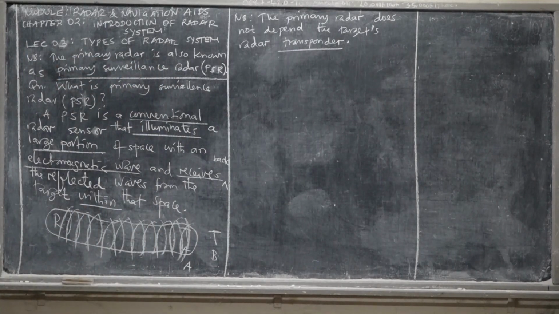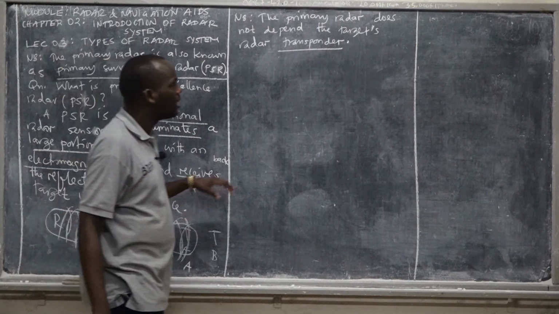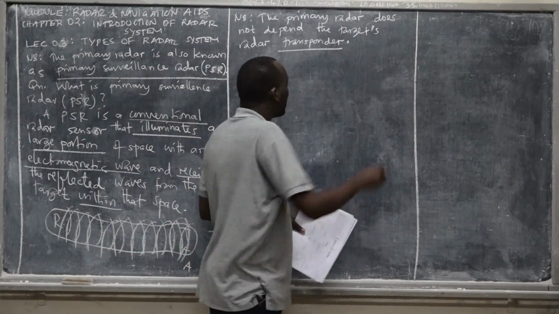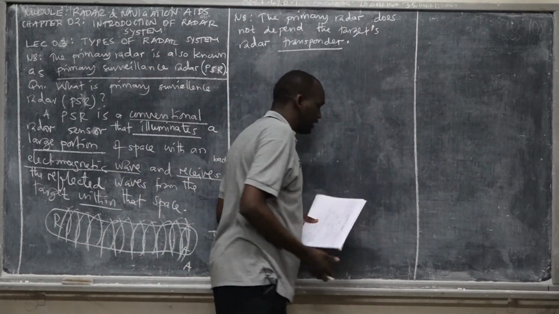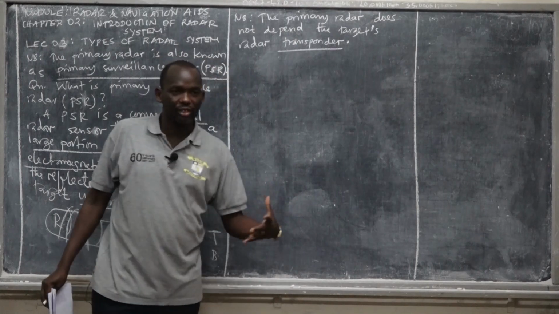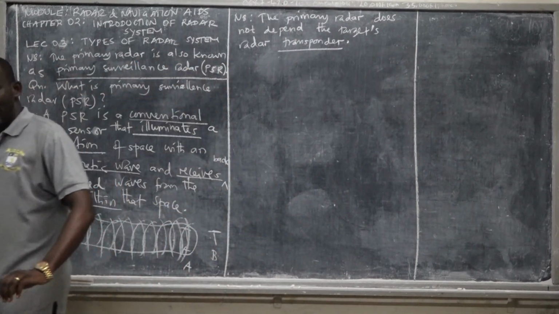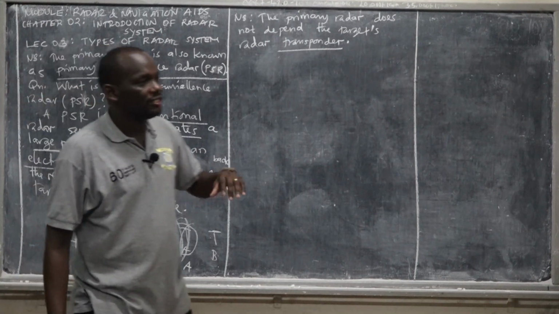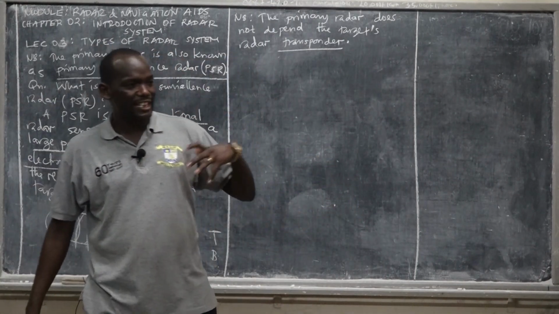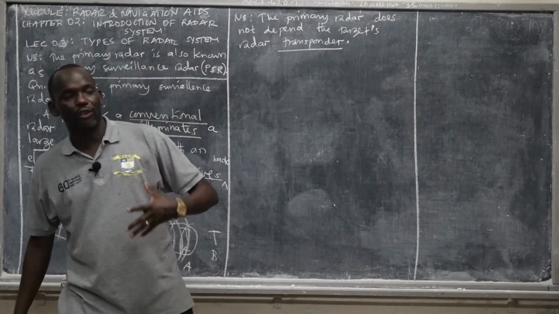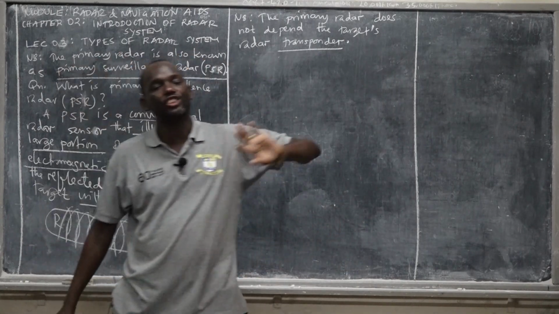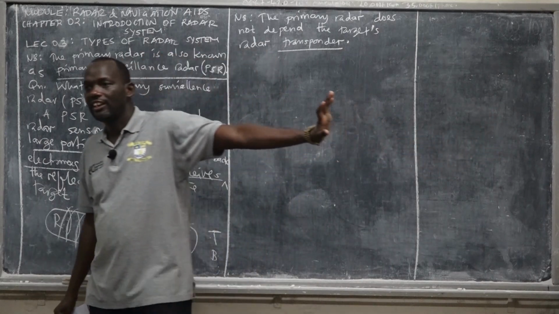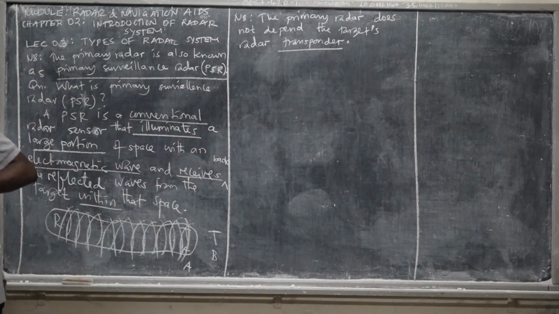So when I teach you about the secondary radar, I think the remaining part to pay attention to is the secondary radar. The secondary surveillance radar does not work by using the principle of a radar radiating electromagnetic waves to a distant target and waiting for the reflected one.